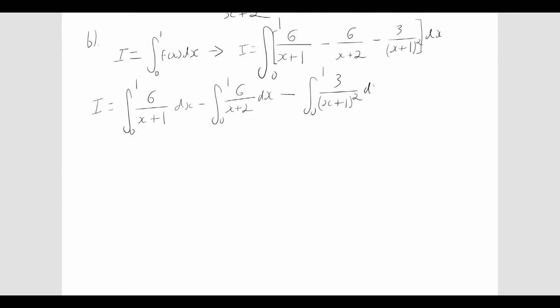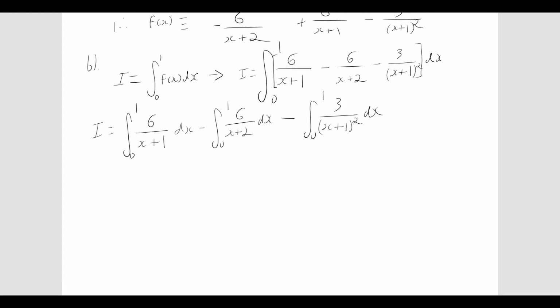This makes it a little bit neater, although you don't need to do this if you don't want to. And I'm going to call each of these integrals I1, I2 and so on.